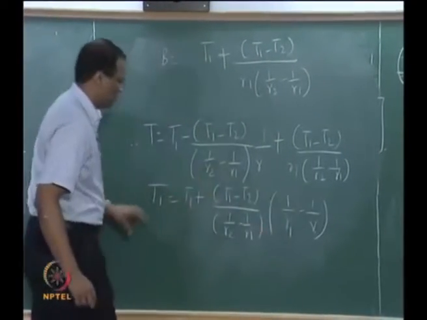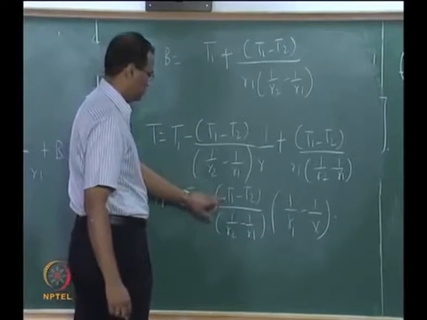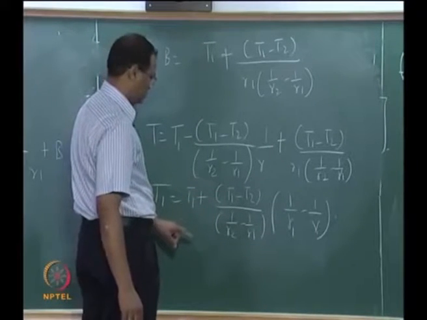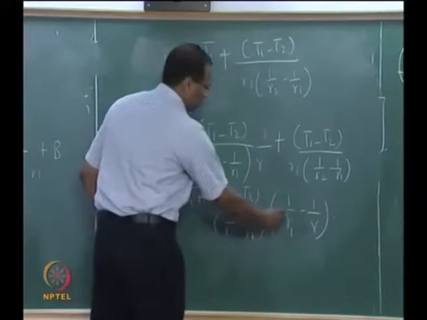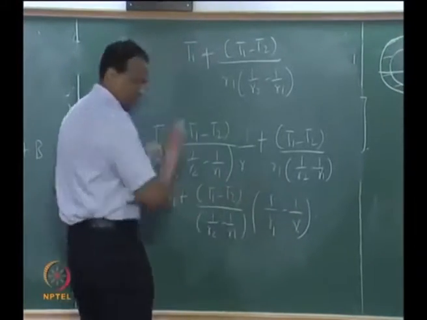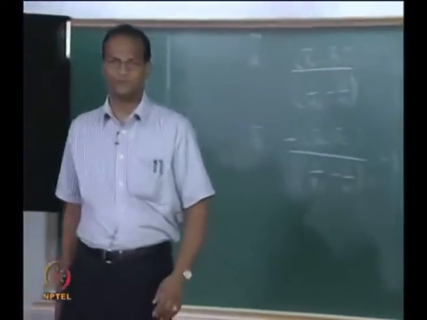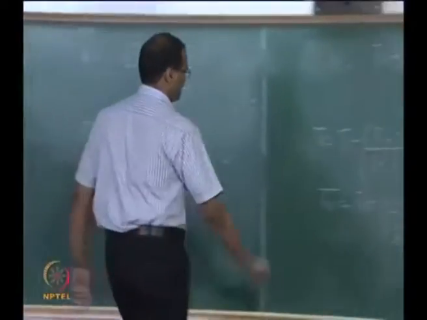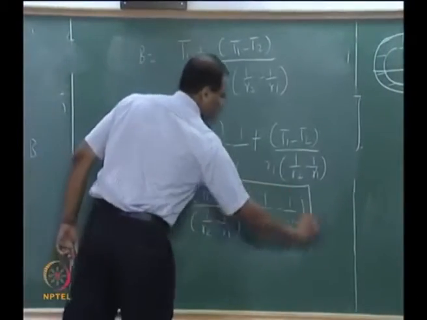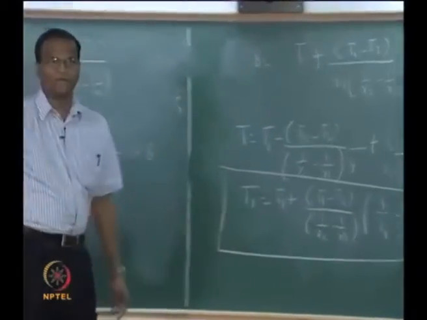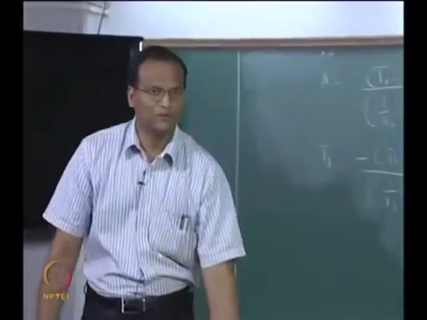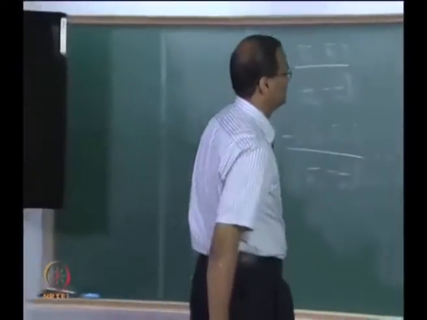This term vanished. At R equal to R2. Yeah. So this is 1 by R1 minus this, minus 1 is fine. Okay. Looks good.